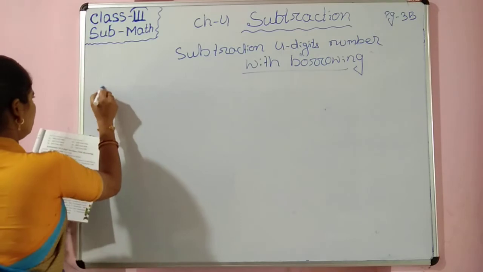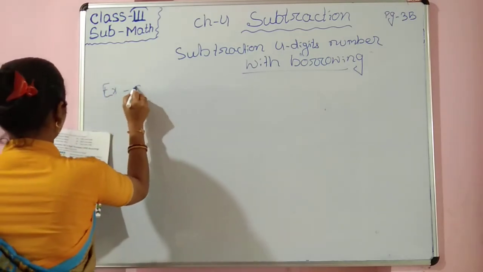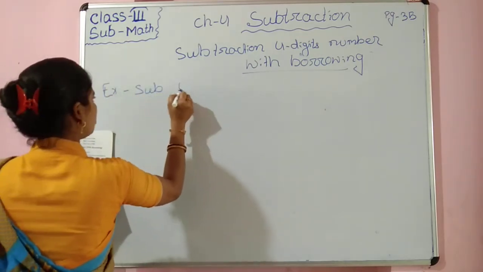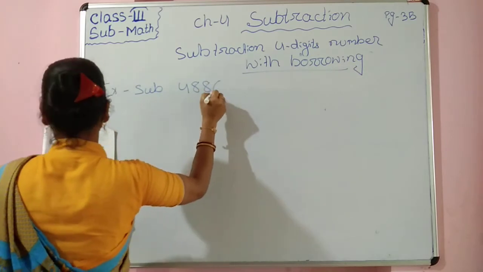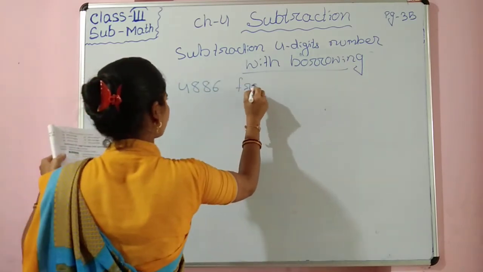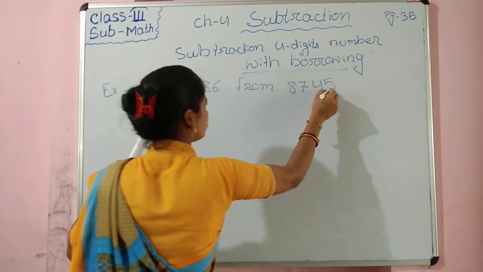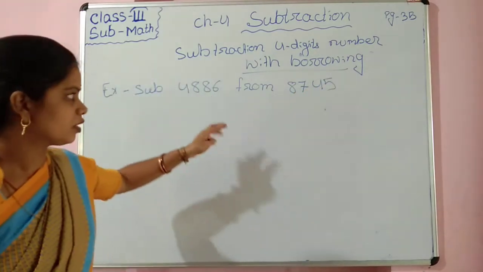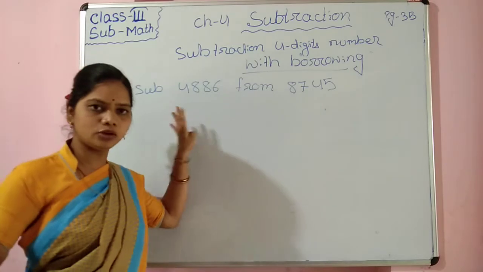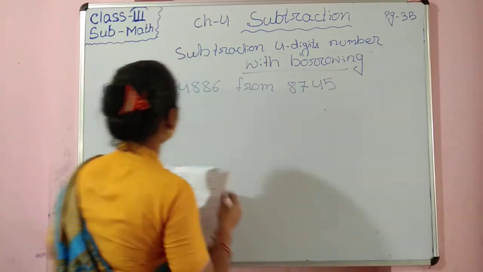An example: subtract 4886 from 8745. First we write the two numbers in their proper places.